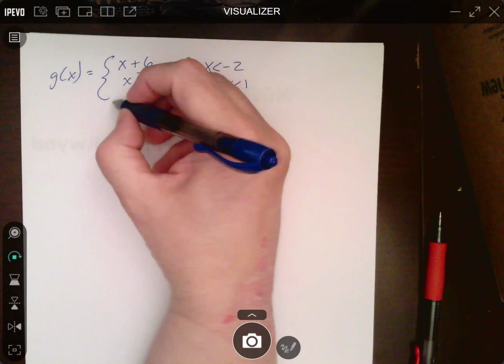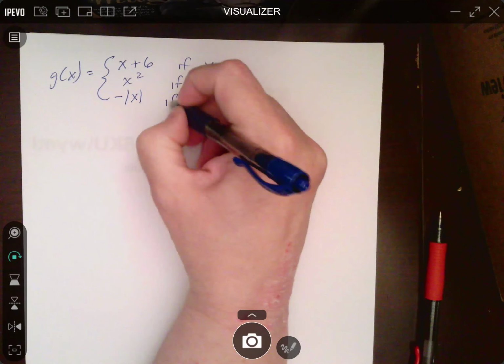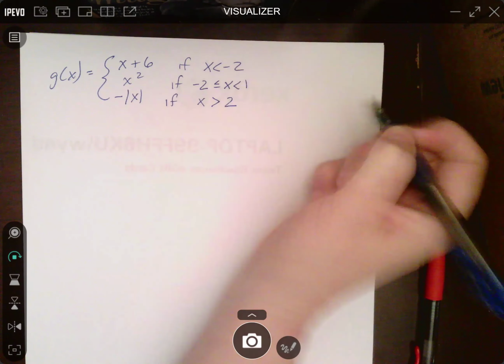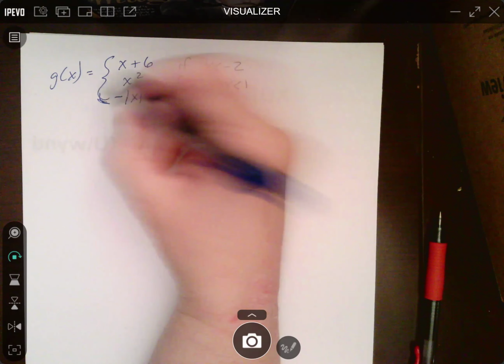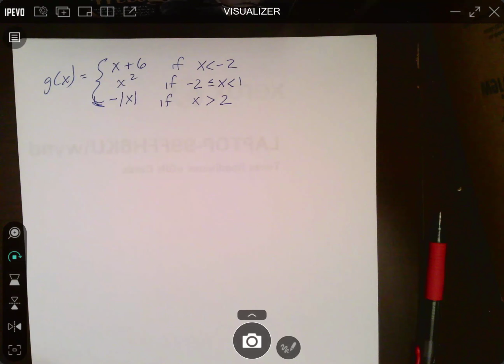And it's going to equal the negative absolute value of x if x is greater than 2. So it's got 3 parts. A piecewise function can have as many parts as it needs if the graph is different over different sections of the domain.